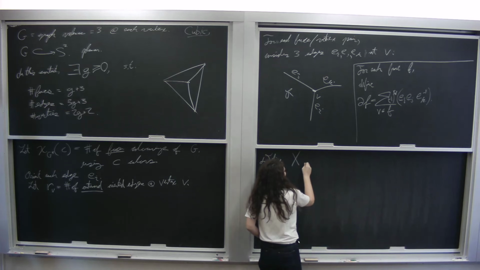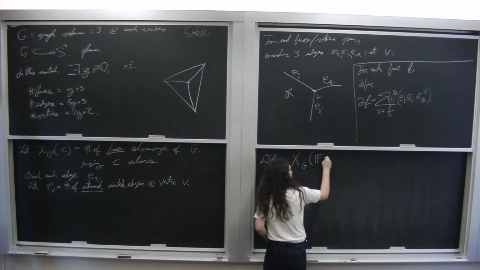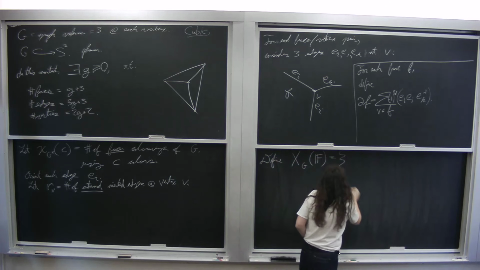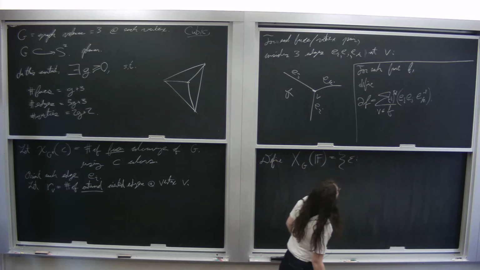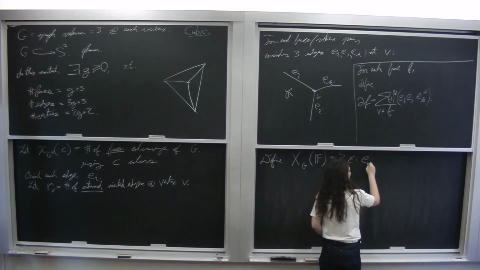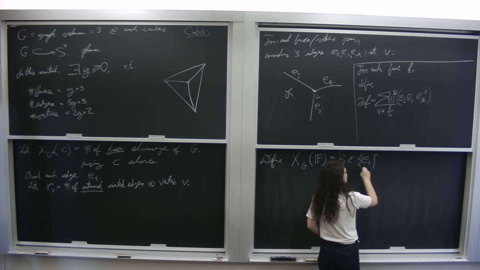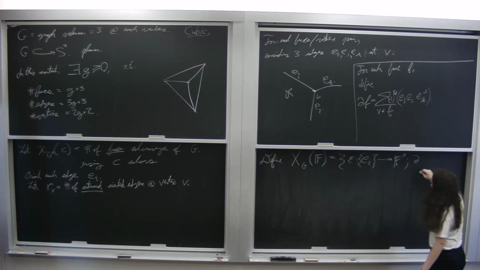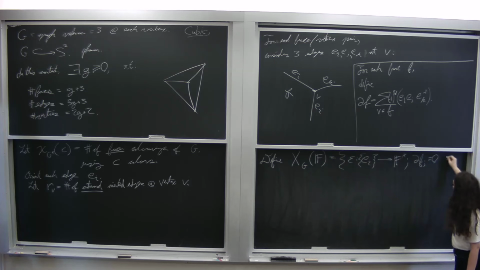Okay, so then from here, I'm going to define X_G,F to be equal to the set of all epsilon mapping the edge set to F star with the property that del F_j is equal to 0 for all j.